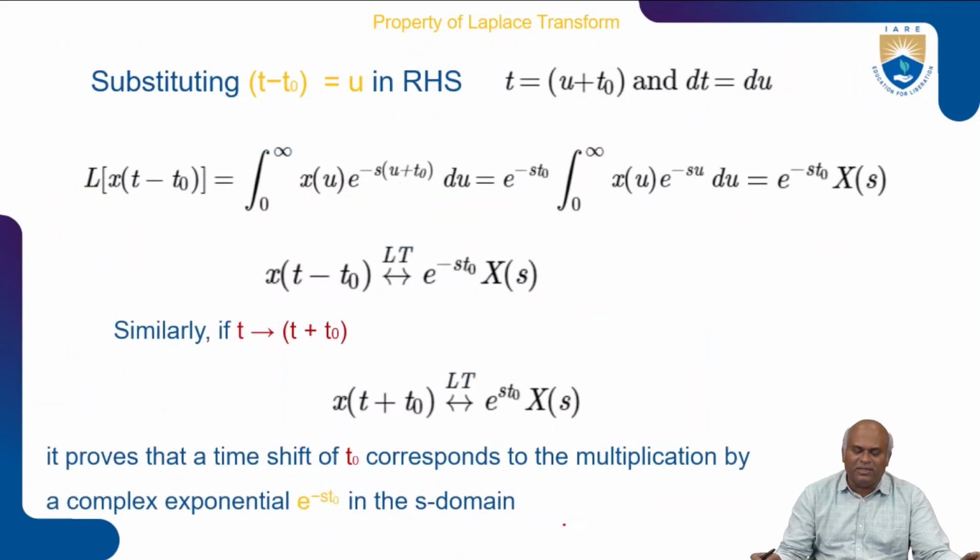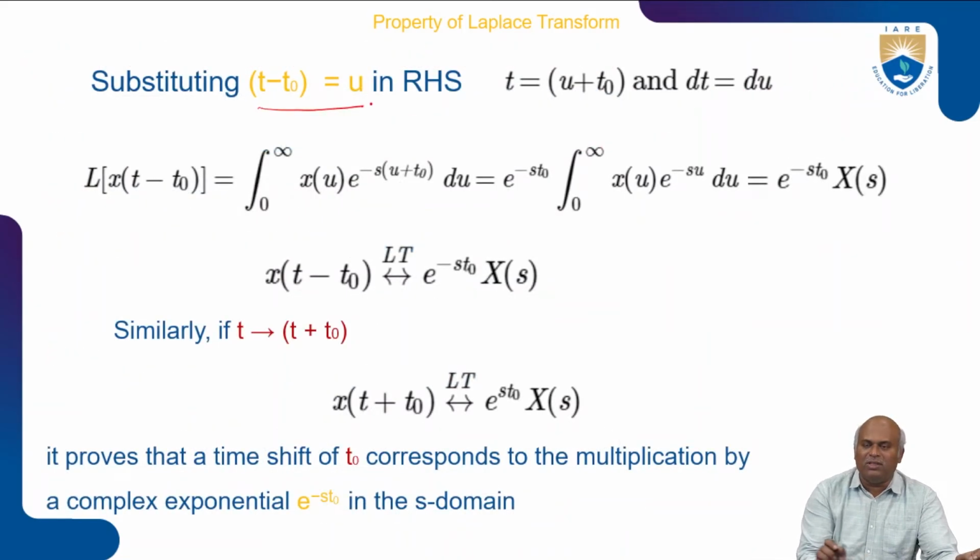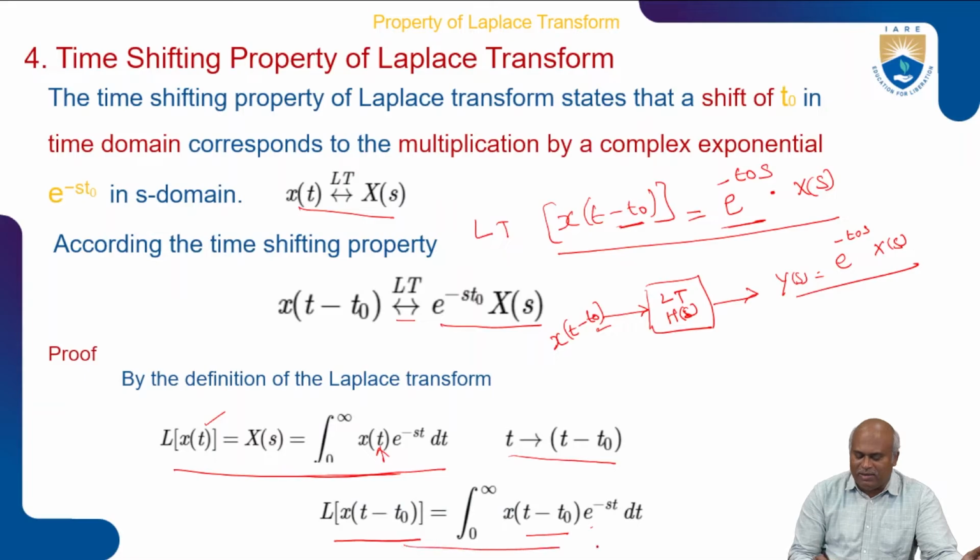Now I write t minus t0 equal to u. At the same time I should find t also: t is equal to u plus t0, and dt is equal to du, since t0 is constant and does not get any differentiation. We should substitute all these values into this equation.